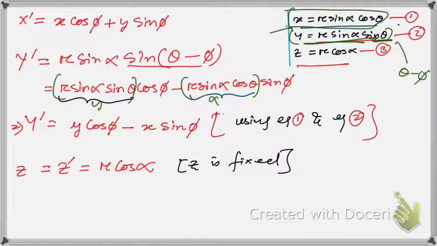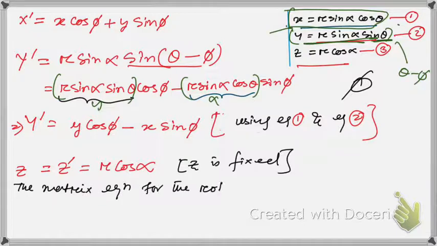So these are the polar coordinates of the point P, x dash, y dash, z dash, after the system is rotated through an angle phi, right?